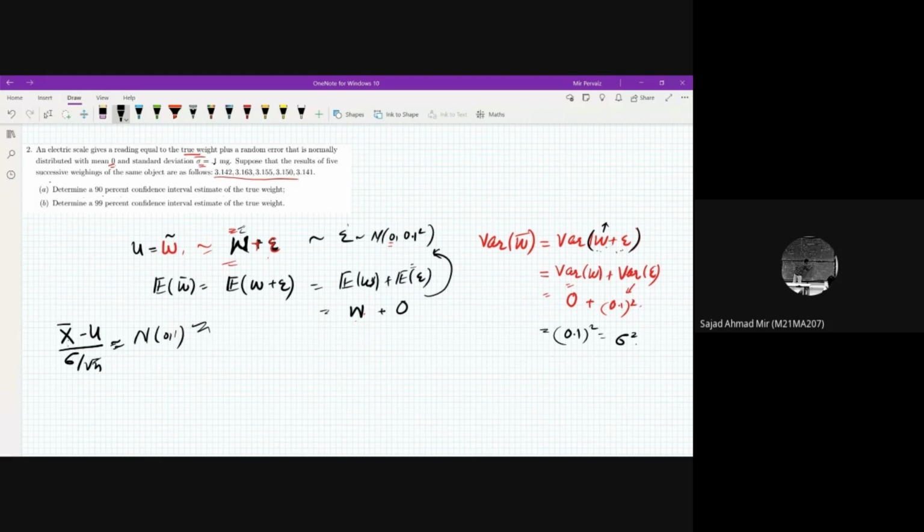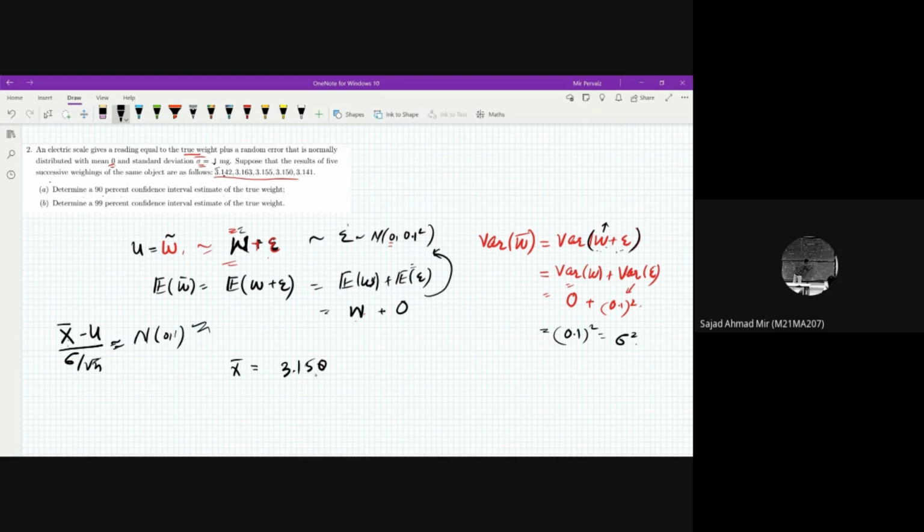Now there are measurements given, and you have to find the mean of these measurements. If you sum these values, the mean, which I already calculated, is 3.150. This calculation I already made.